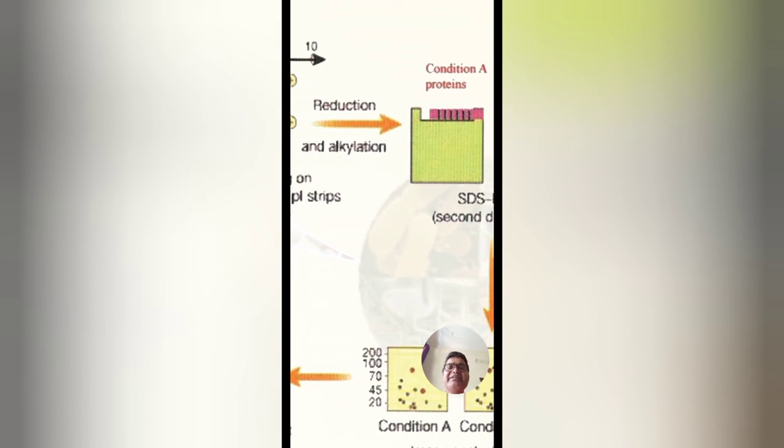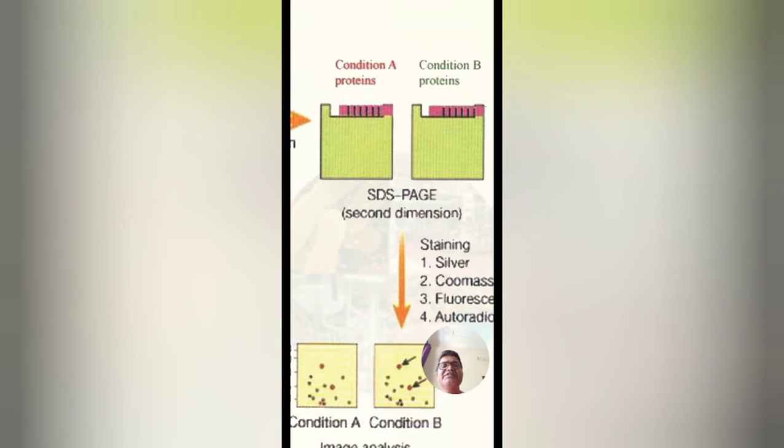after reduction and alkylation. What do you mean by reduction? It means we are going to reduce the disulfide bonds, okay, and then SDS denatures the protein structure, okay, and then we further separate the protein on the basis of mass, on the basis of size, on the basis of mass by charge ratio.